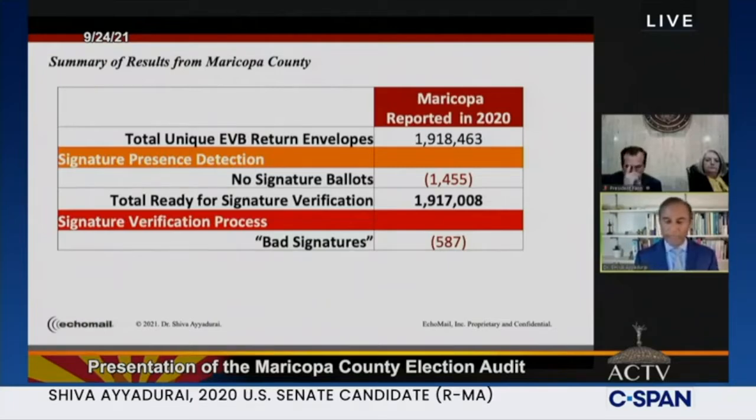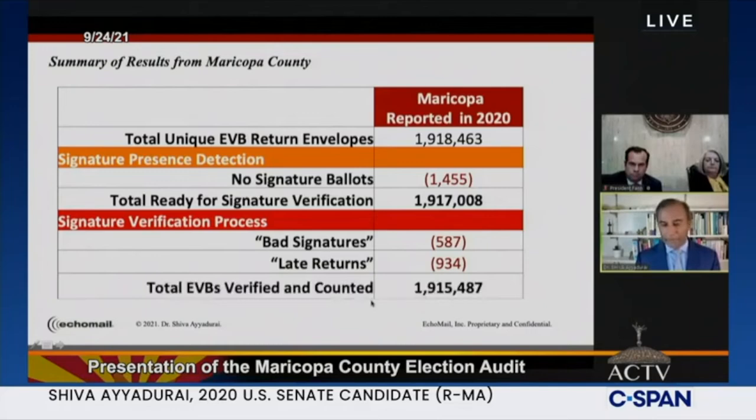But according to that, out of the entire lot of 1,918,463, after this verification process where someone looks at the signature and they look at the voter registration signatures, and they're doing typically what's called a 27-point analysis, 587 were found to have bad signatures, 934 with late returns, for a total amount, which matches with what was reported, of 1,915,487. Okay, so this is Maricopa's reported results to the public.